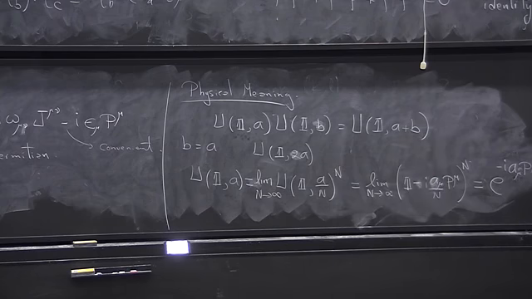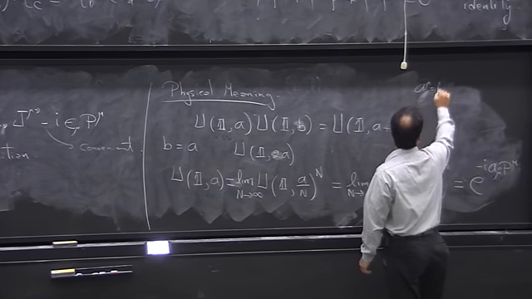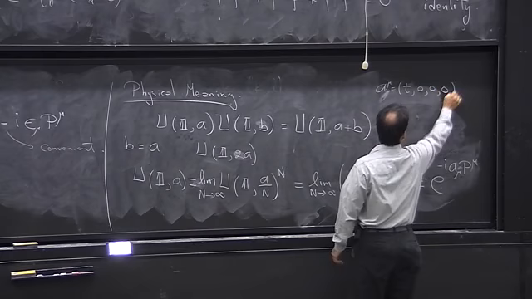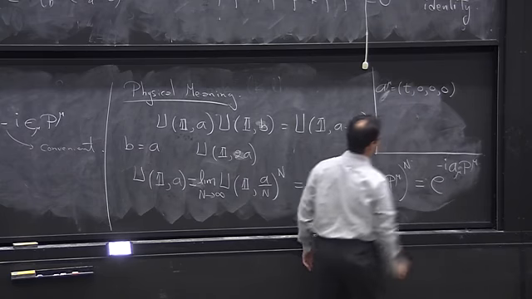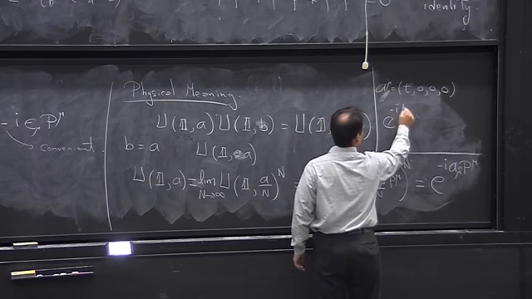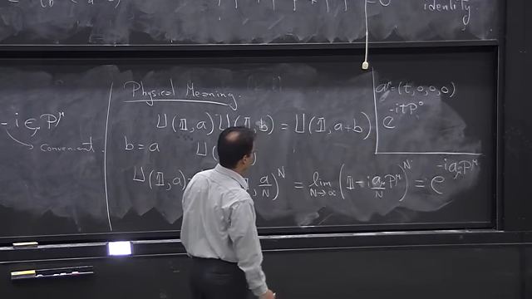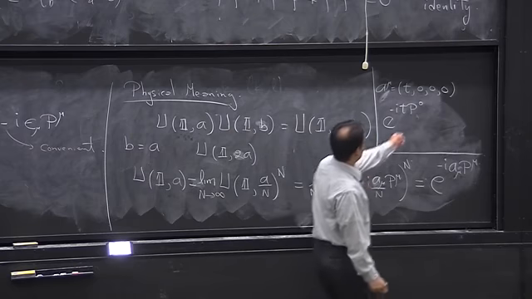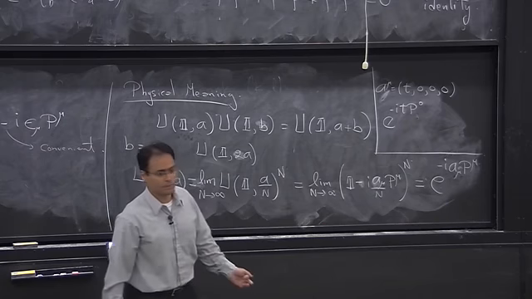Now, in order to give physical meaning, all we have to do is to say, well, let's see what happens for a vector of the form t, 0, 0, 0. Let's consider this one. What do we get in that case? Well, we get an operator of the form e^(-i t P0). And therefore, the P0 component has to be identified with what?